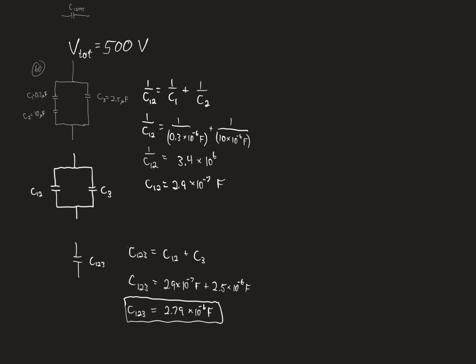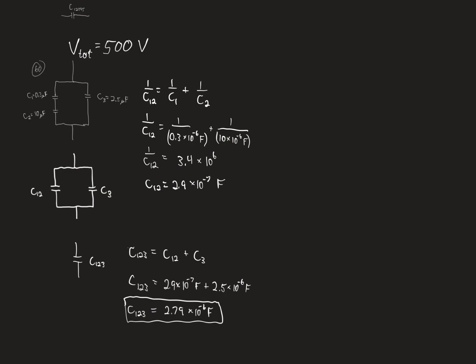Yeah. And what I want to do is go to the very, very last little circuit, and I'm going to work my way backwards to figure out what those voltages and charges are, and we'll show you a little trick to do that. So C123, I know the total capacitance, right?